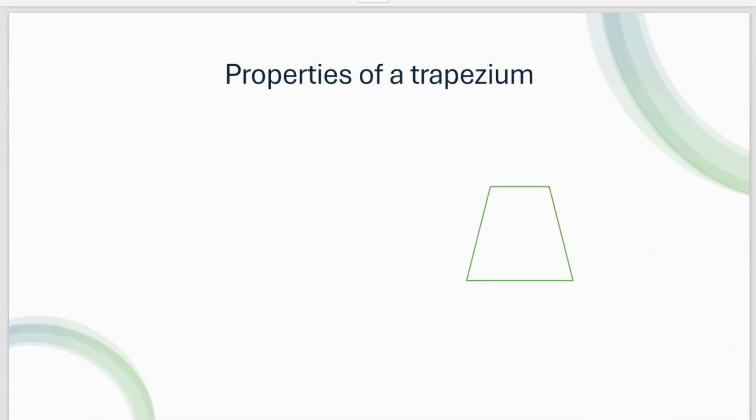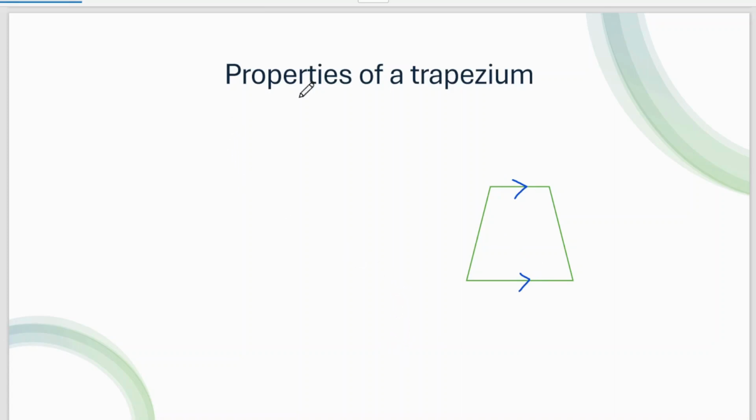Now you can see in a trapezium only one pair of opposite sides is parallel. You can see only this and this are parallel to each other.